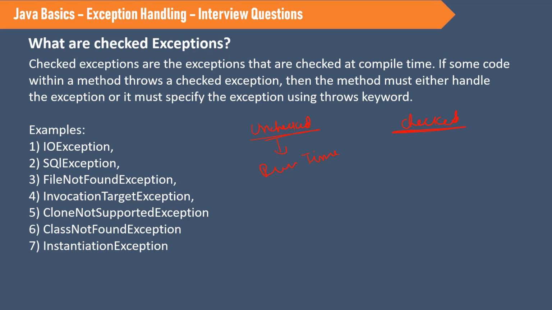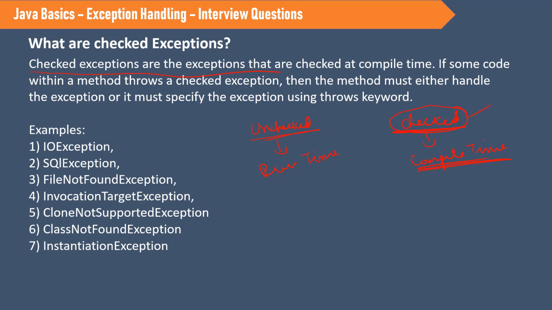But checked exceptions are checked at compile time. That means the compiler already knows that some operations may cause an exception. So the compiler itself complains that we have to catch those exceptions, and it tells us at compile time itself. So those are called checked exceptions.